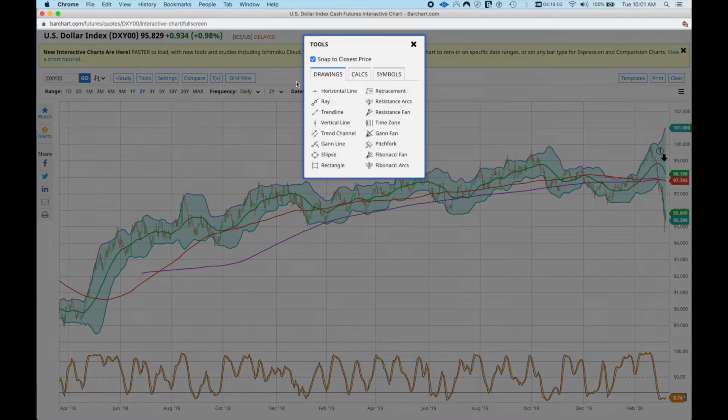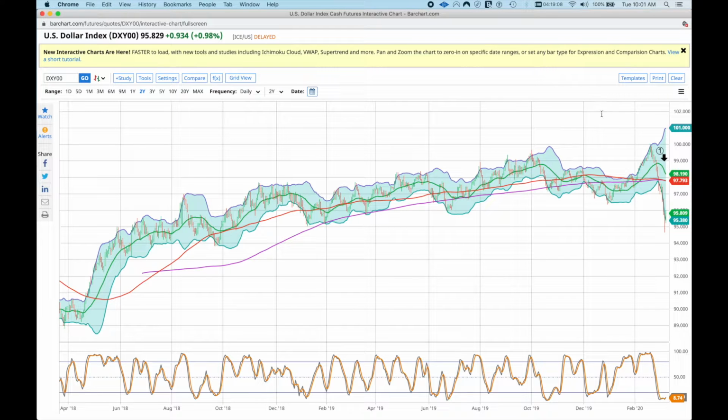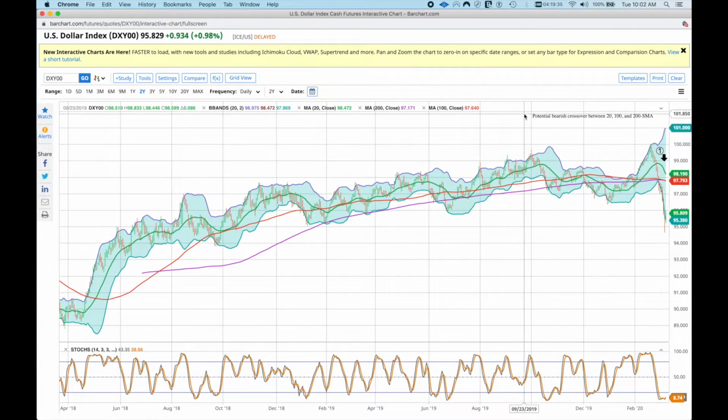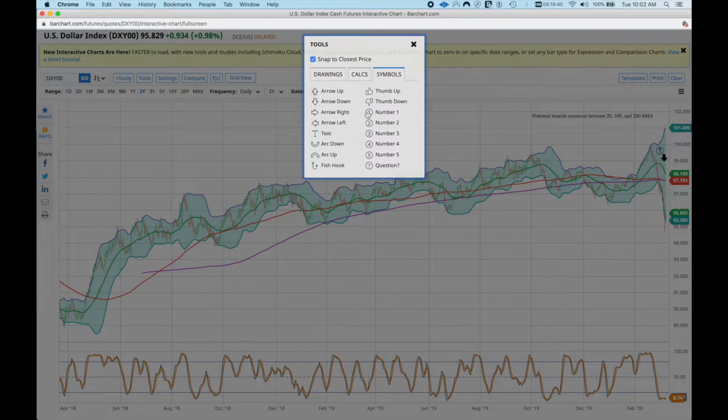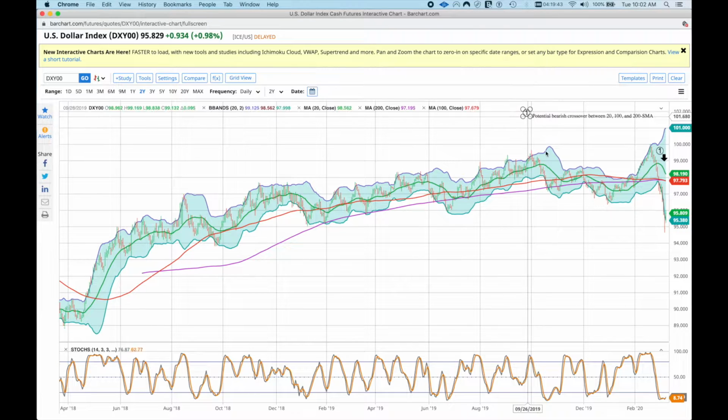And then we're going to identify this with just a quick note. Now, what this says is that we have a potential bearish crossover between the 20, 100, and 200-day simple moving average, as stated, so that you can see the visual illustration in the text.